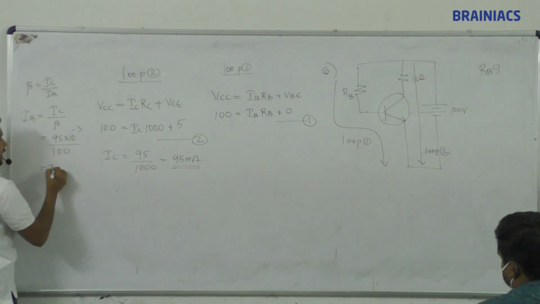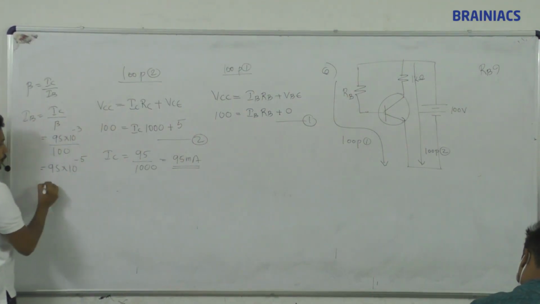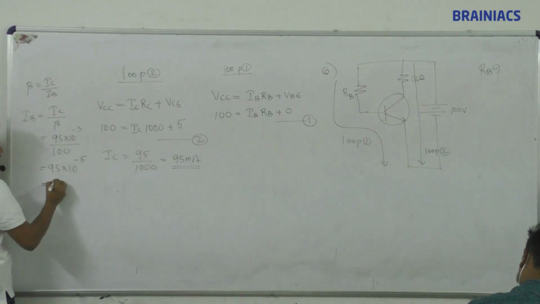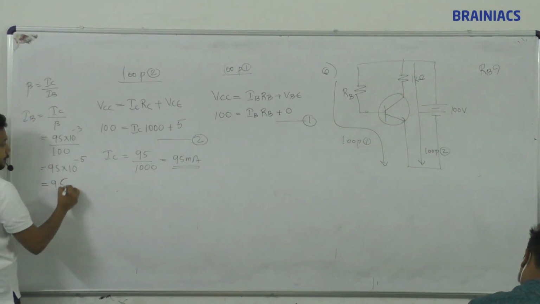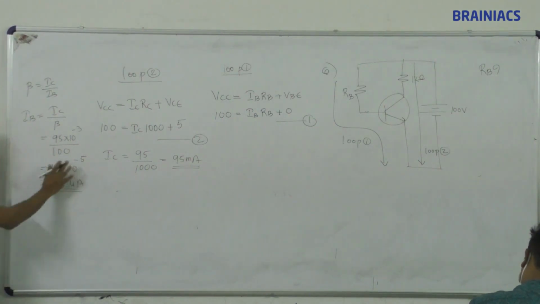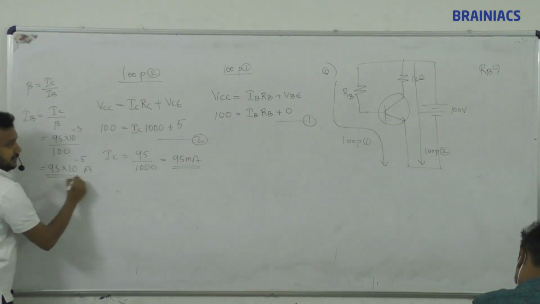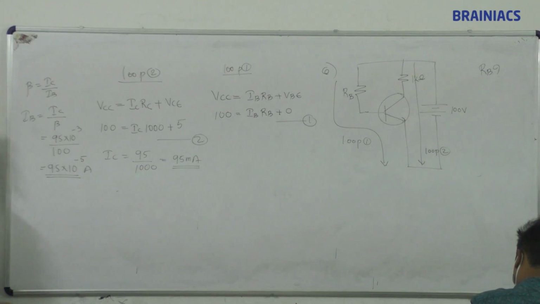So it becomes 95 into 10 power minus 5 ampere, or I can say 9.5 microampere. You can keep it like this, this is also fine.